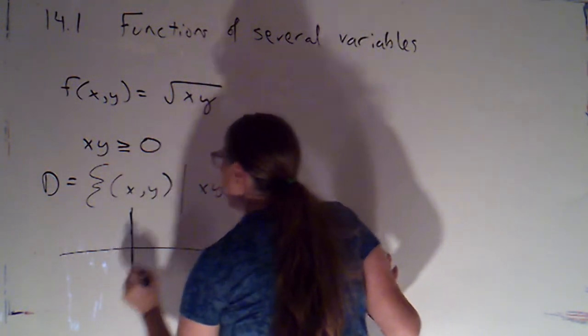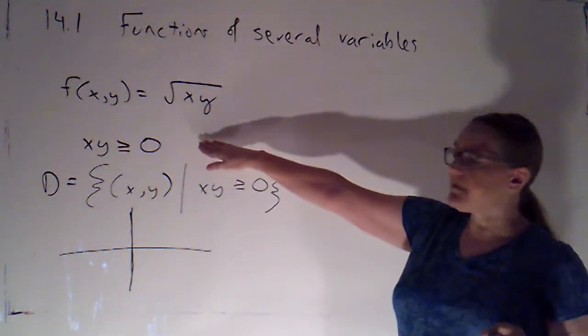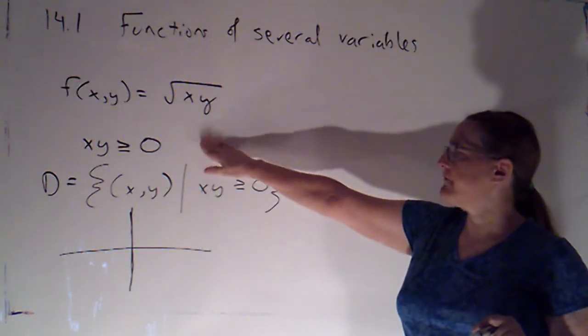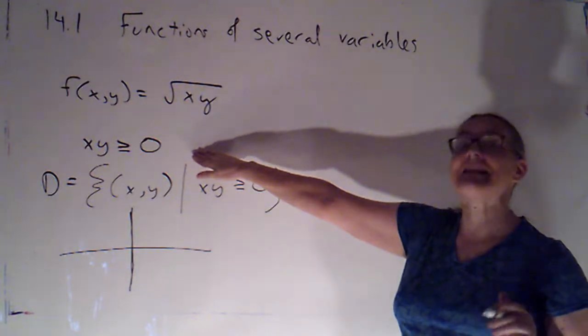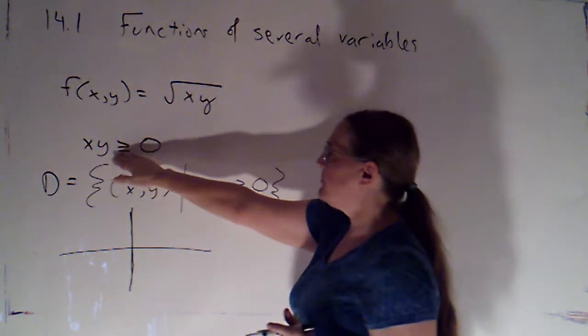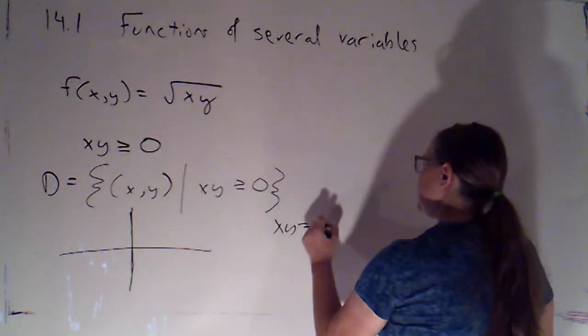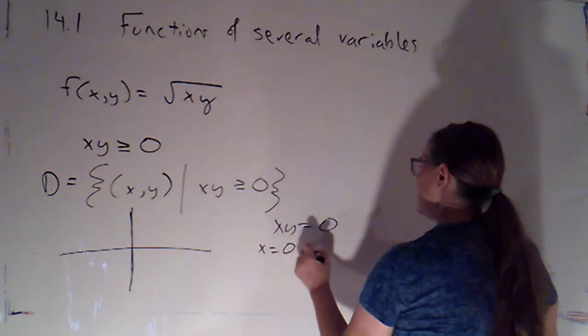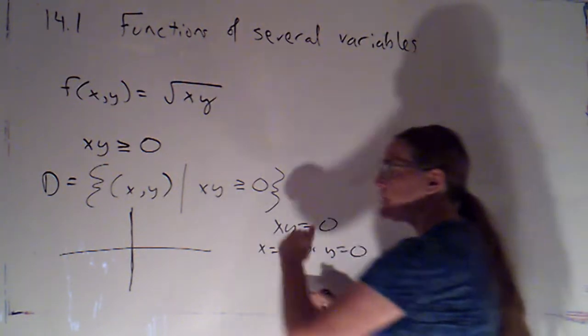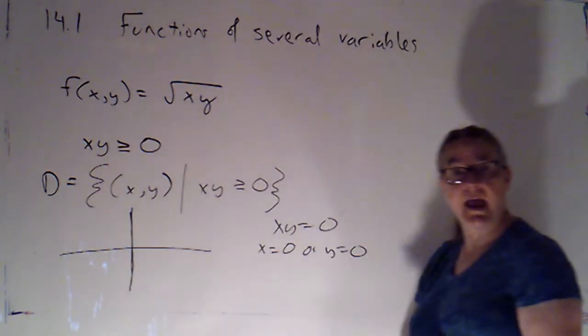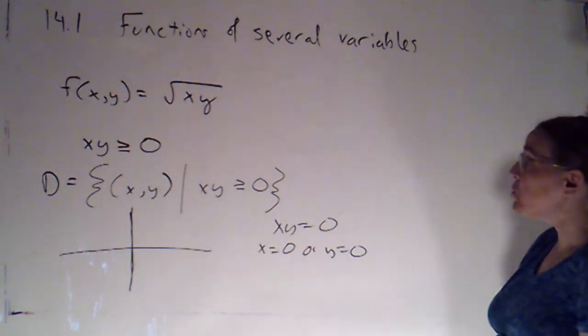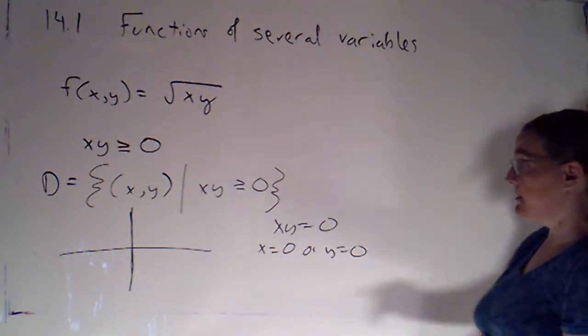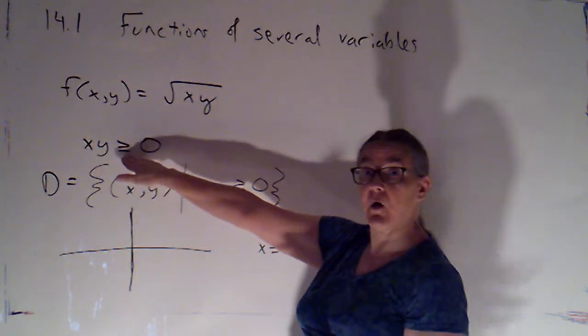Here's the xy plane. Notice the boundaries that I'm going to have are going to be the places that would make this equal 0. That would be xy equals 0 if x equals 0 or y equals 0. So those are my 2 axes. And I do want to include them because this is an inclusive inequality.